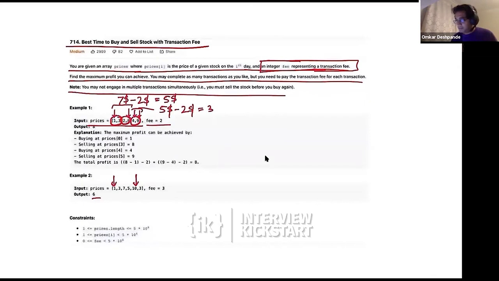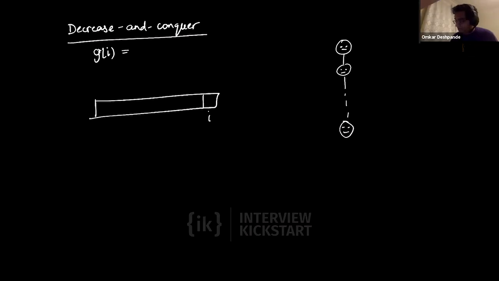Well, we are preserving the same form here. So the original problem was to find the maximum profit you can achieve at the end of day n minus 1.